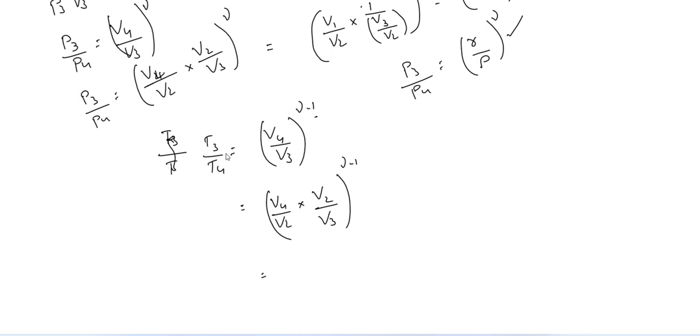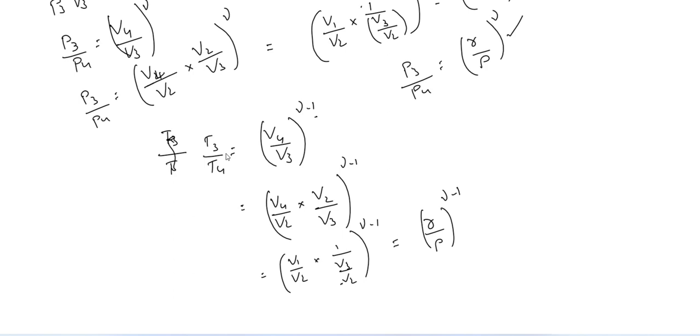See here, here we are taking gamma minus 1 and there it is gamma. Don't be confused. And it is V1 by V2 into 1 by V3 by V2 whole power gamma minus 1, which equals R by rho whole power gamma minus 1. Okay, cool.